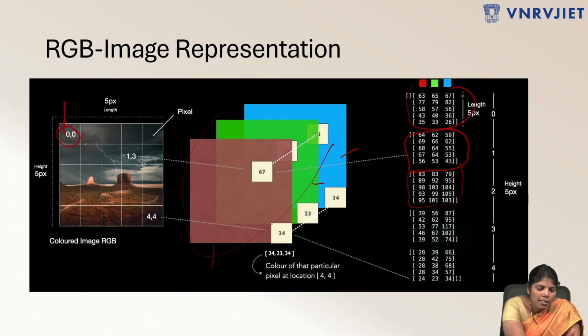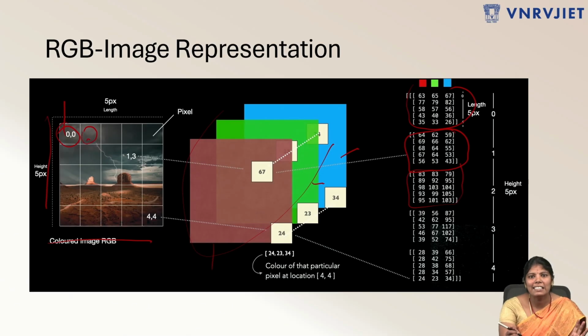This is also a combination of how waves pass through that object, and you get this pixel value. This is the height of the pixel, this is the width of the pixel, and we also have the depth of the pixel. In RGB color images we have three parameters: height, width, and depth. For the grayscale image, we have height and width but no depth, because there we have only one color.